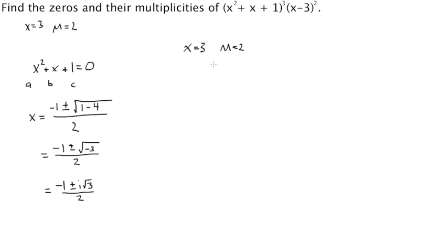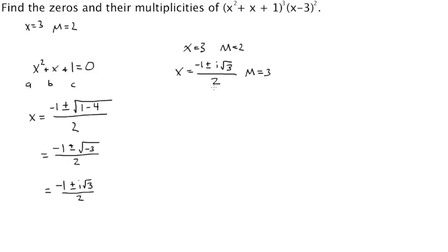So that's where the multiplicity comes from. And then we have 2 different zeros here. You can write them together, but I want you to be aware that these are 2 different zeros. So negative 1 plus i square root of 3 over 2, and negative 1 minus i square root of 3 over 2. Each of these has multiplicity 3.